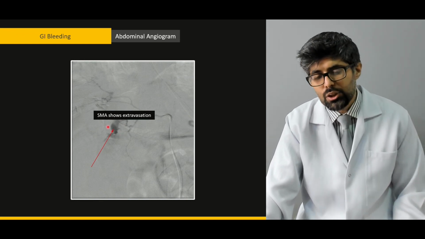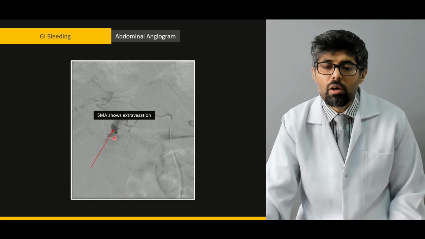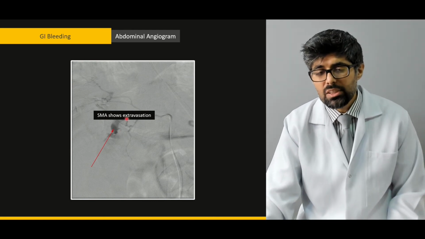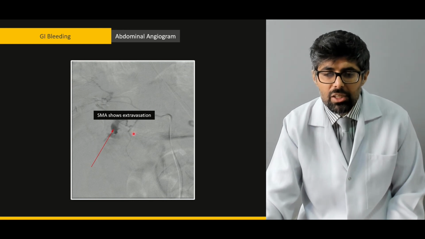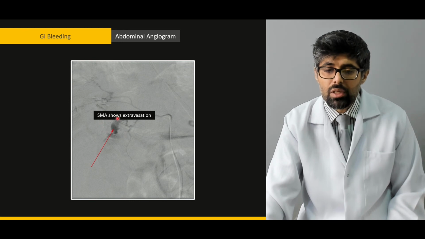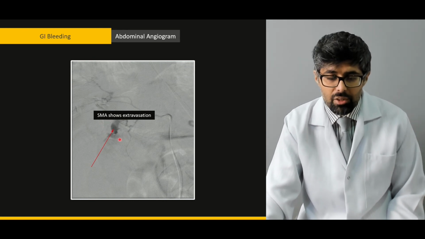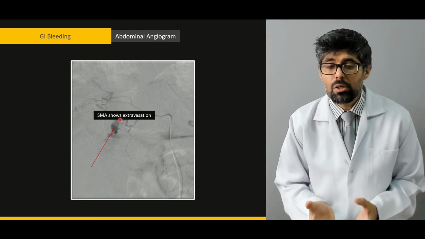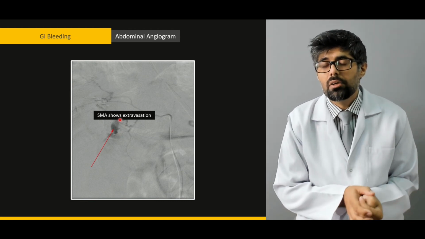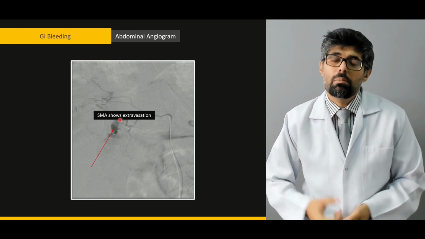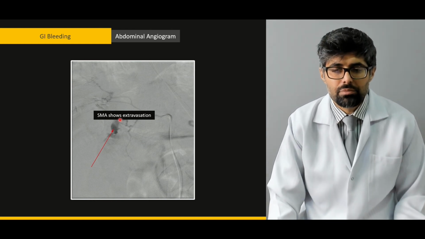Extravasation is the pooling of blood outside the artery, and this angiographic study clearly shows us that this pooling of blood outside the artery has resulted in some GI bleed, because the superior mesenteric artery is present inside the abdominal cavity.